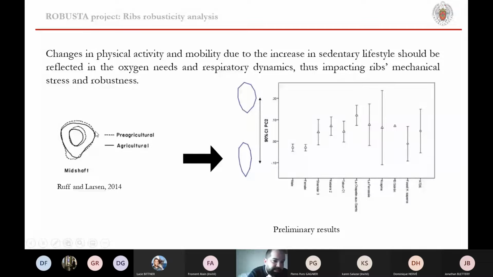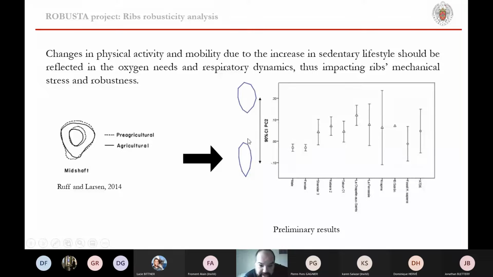Here again, we can see the picture from Ruff and Larsen in 2014, where they observed differences in the cross-section, and in a very preliminary study, we also observed differences in the cross-section of the ribs between Neanderthals and modern humans. Specifically, you see here a principal component 2 analysis quantifying the cross-section of the rib.